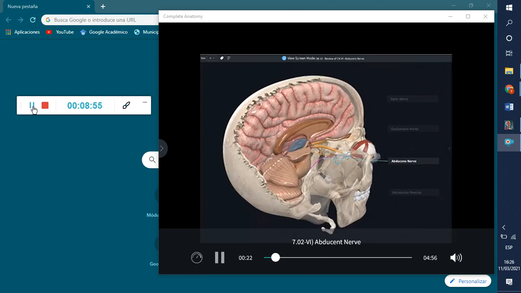The abducens nerve is interesting because it is the other one that only innervates one extraocular muscle.